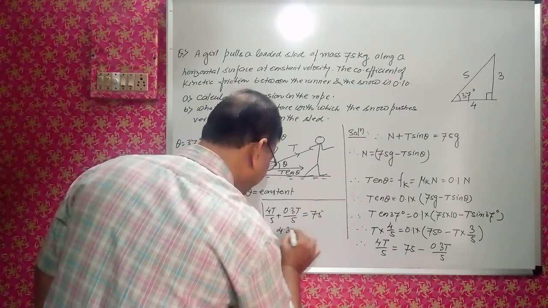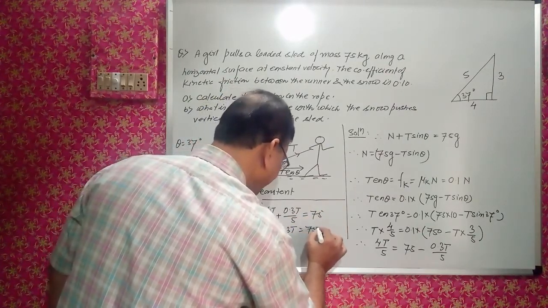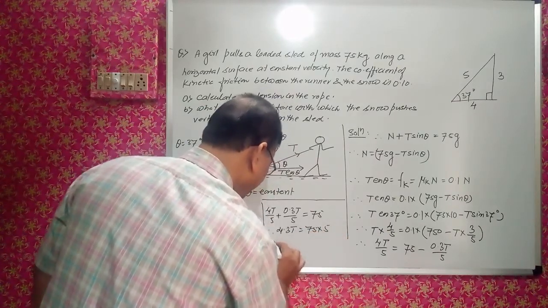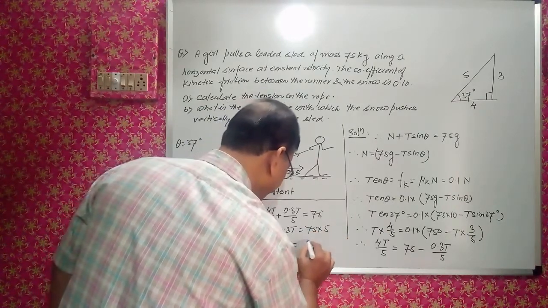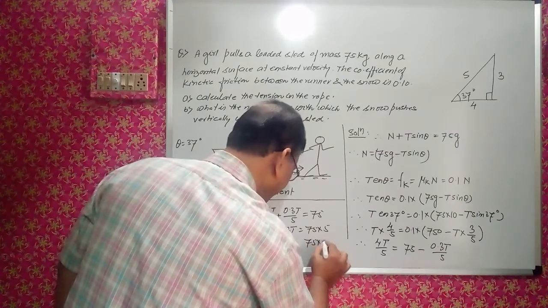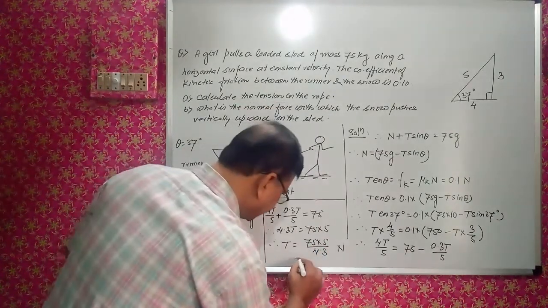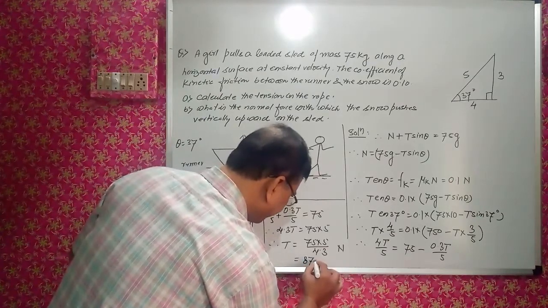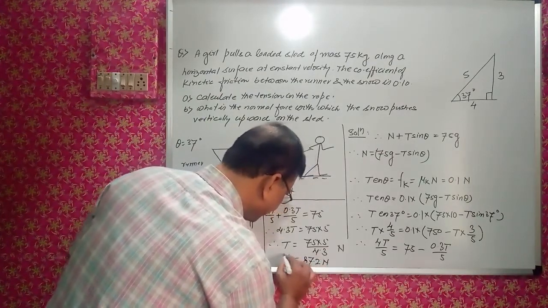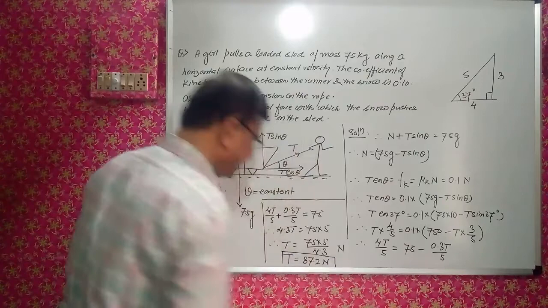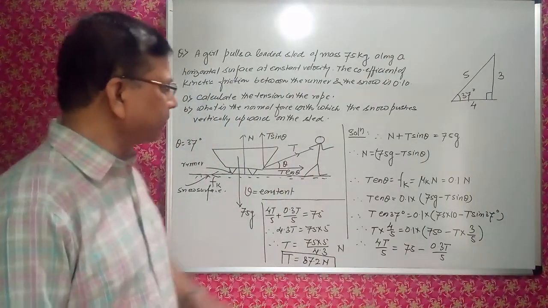Therefore 4.3T is equal to 75 into 5. Therefore T is equal to 75 into 5 upon 4.3. So this is equal to 87.2 Newton. So we got the tension and we will find the normal reaction.